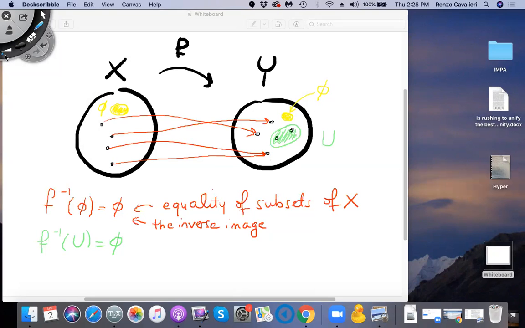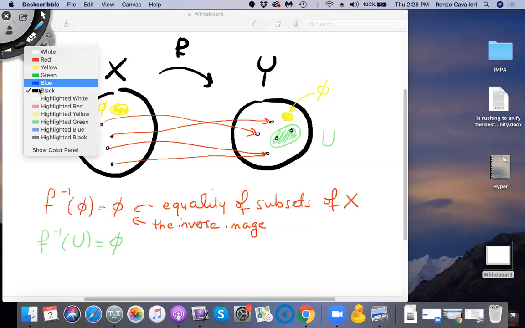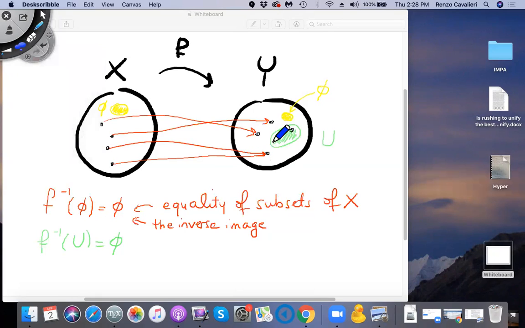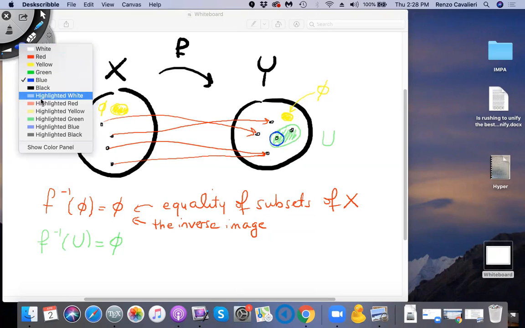Let me show some examples here in the picture. If I take as an element of Y this one that I just circled in blue, then its inverse image is the empty set. On the other hand, if I take, let me find another color that I haven't used. Well, I ran out of colors in this palette.